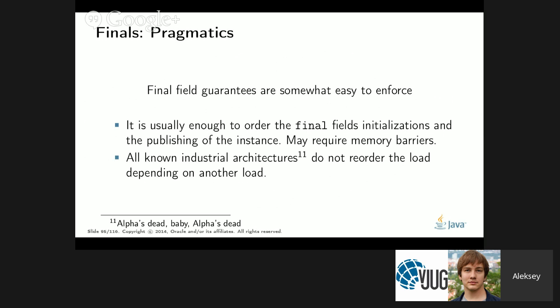There is also the second part on the reader side, that readers should not speculate about the field values until they observe the actual reference. The only architecture that could do that is Alpha, and Alpha is dead, so it doesn't concern us.